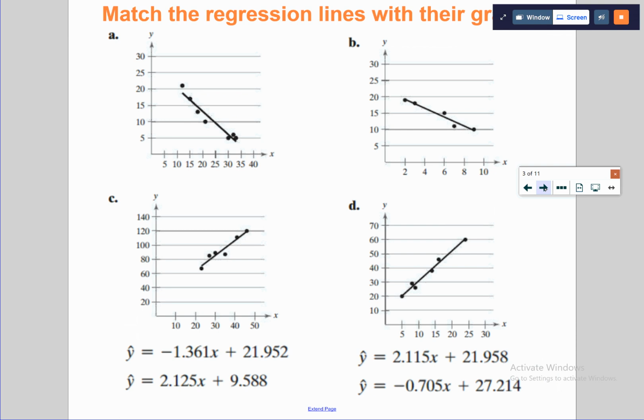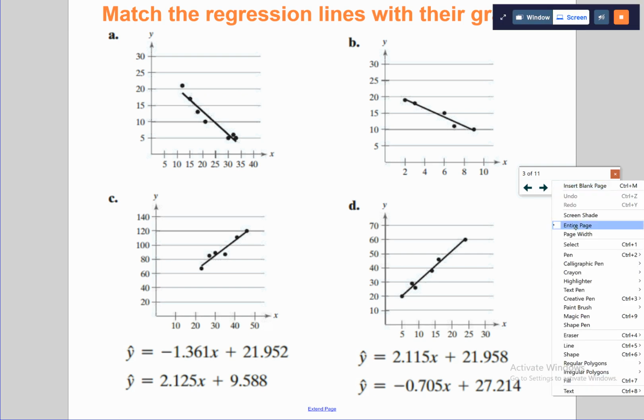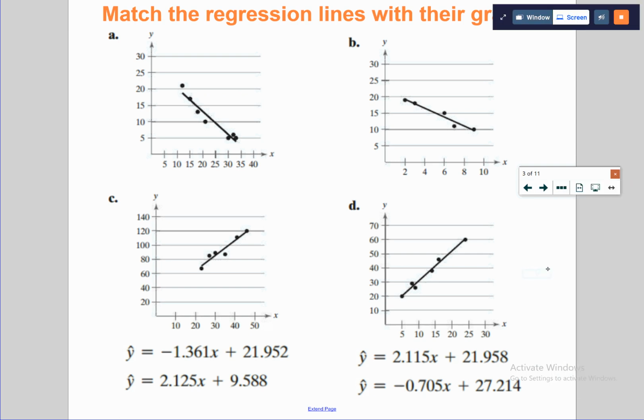Okay, the next slide on your paper is just a quick little matching, and we'll do this together. We have some regression lines graphed over their respective scatter plots. We want to match the equation with these. So it's a little review of just algebra 1. Y equals mx plus b. Remember, if we have y equals mx plus b and we use what's called a y hat, we'll see that in a minute. It's almost like that exponent key in your calculator above it. Y equals mx plus b.